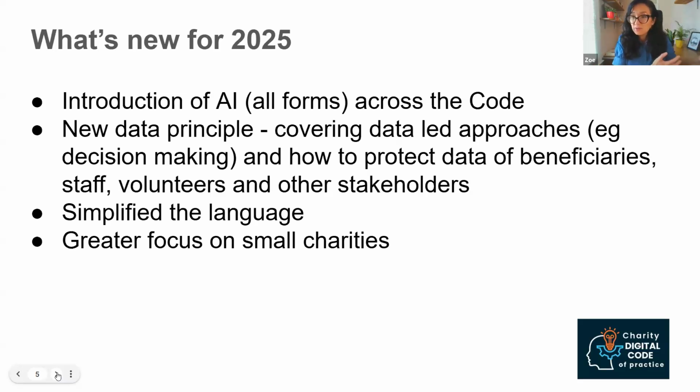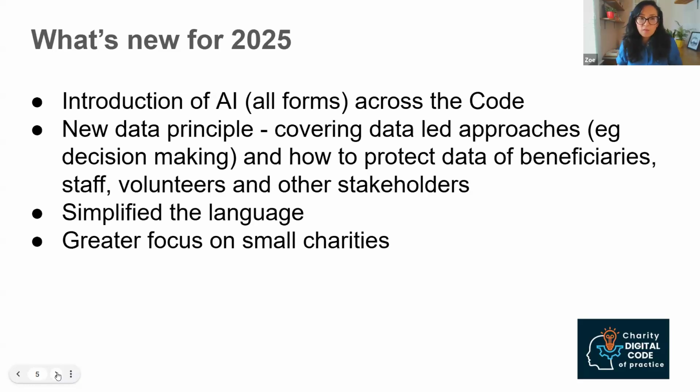As we all know, it has existed for a long time, since the 1950s. But there was kind of a broad reference to emerging tech as a bit of a catch-all term in the 2018 version. And we knew we really needed to up our game this time around and dive into all of the emerging best practice for charities in this area. So we'd encourage charities to have a really good look at that, because there's a ton of stuff in there to help you on the next steps in your AI as well as your digital journey.